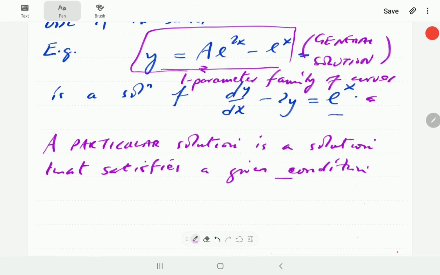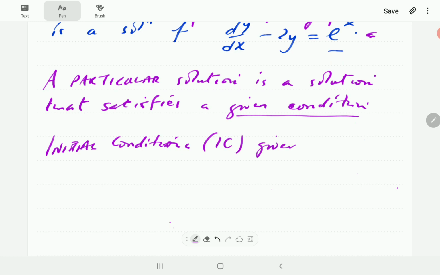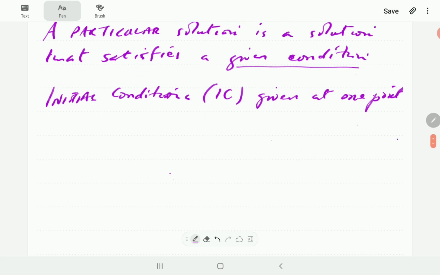Now, the given conditions are called initial conditions if they are given at one point. So initial conditions are all given at one point, either in time or in space.